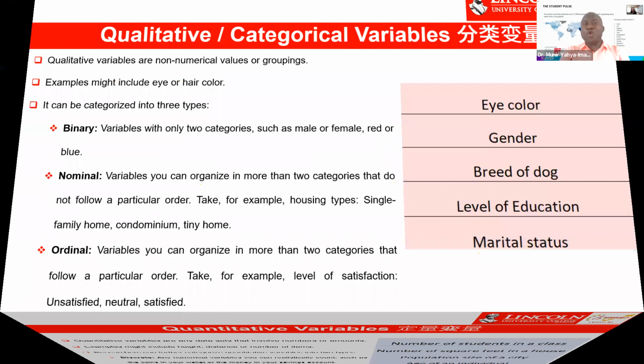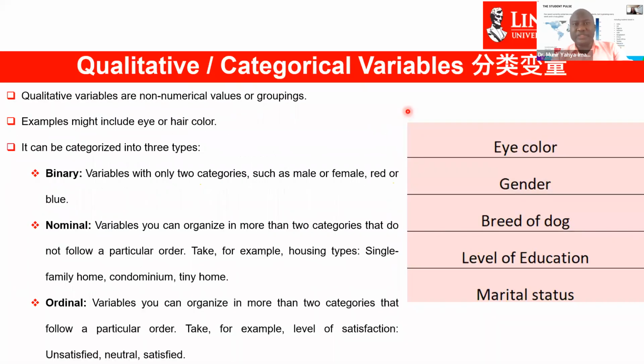Now we have qualitative variables, which can also be called categorical variables. Qualitative variables are non-numerical values or groupings. Examples might be eye or hair color. This can be categorized into three types. We have binary variables with only two categories, such as male or female, red or blue, black and white.